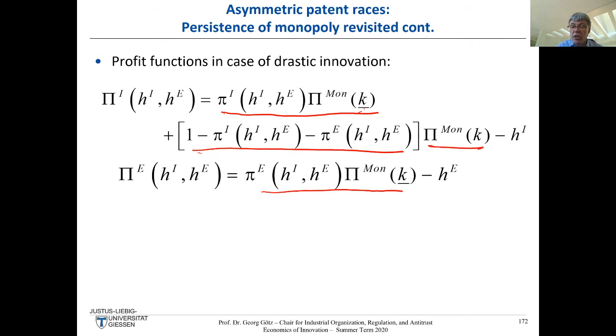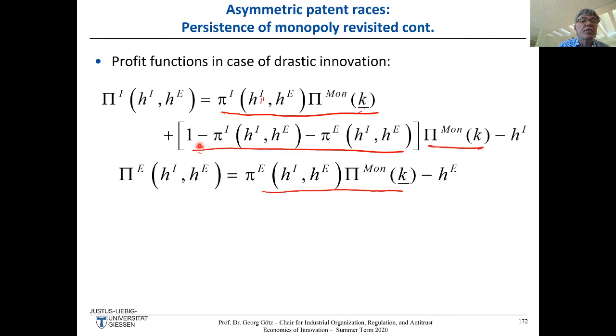But what you see here immediately, if you look into the first order condition, and I probably should have written that up: if you increase your HI, of course you increase the probability of being first, but at the same time, here you have the negative sign, okay?